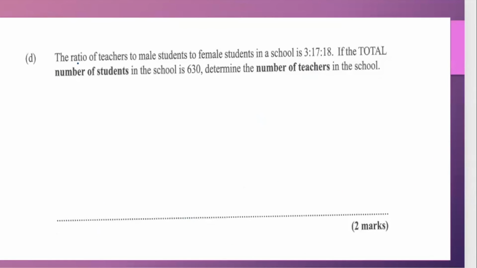And the next question: the ratio of teachers to male students to female students in a school is 3 to 17 to 18. 3 is for the teachers, 17 is for the males, and 18 is for females. If the total number of students in the school is 630, determine the number of teachers in the school.